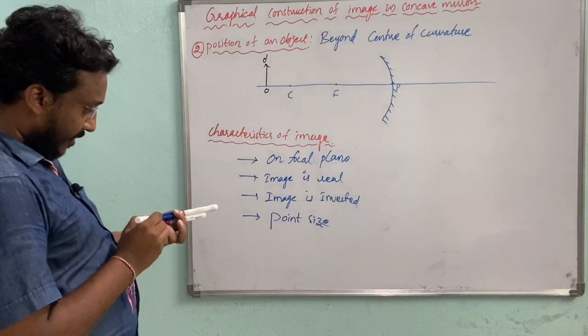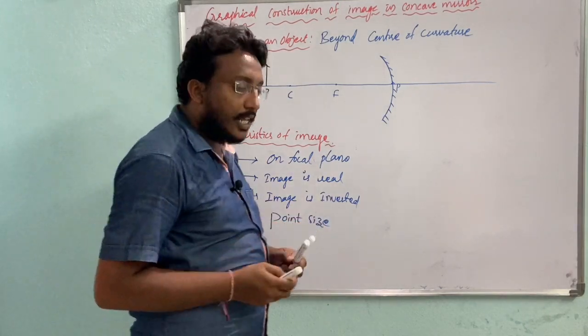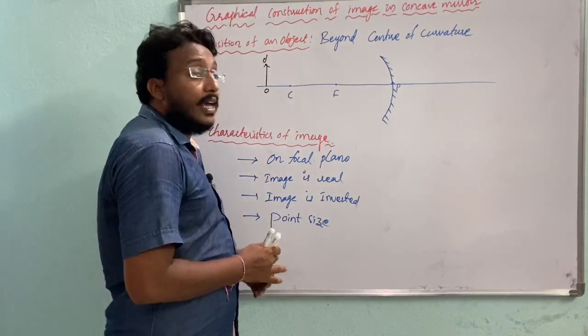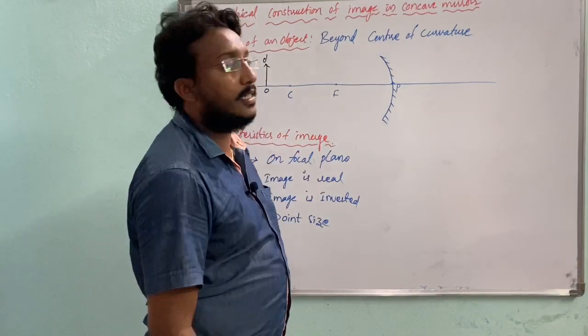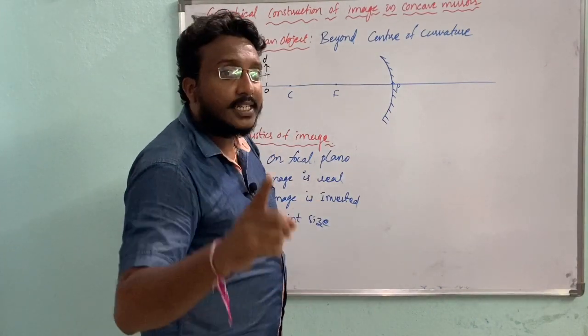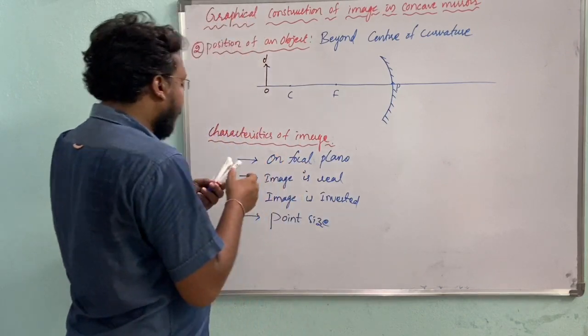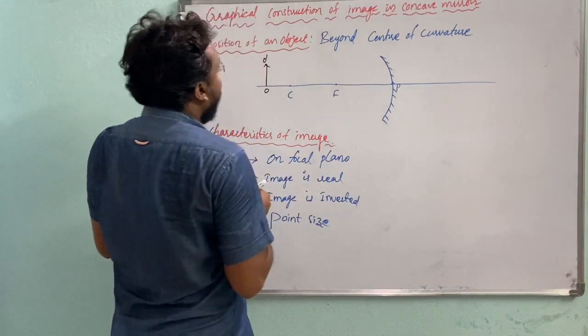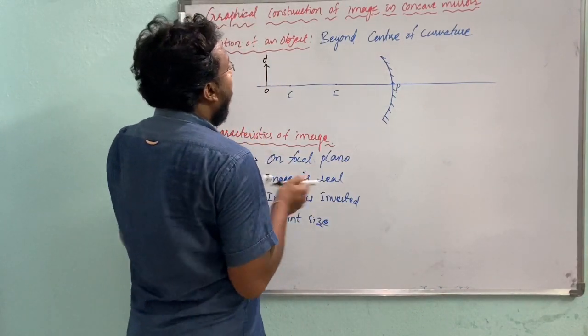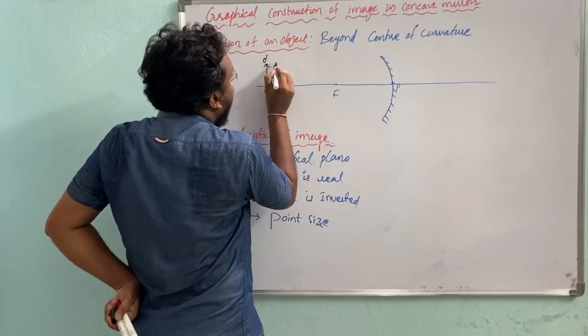We discussed already, while drawing the ray diagram, how many rays do we have to take? Minimum 2 rays from the same point. Here I am going to take one ray that is parallel to the principal axis, according to rule 1.